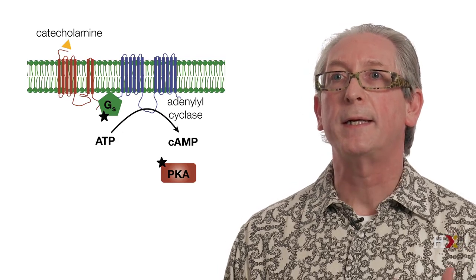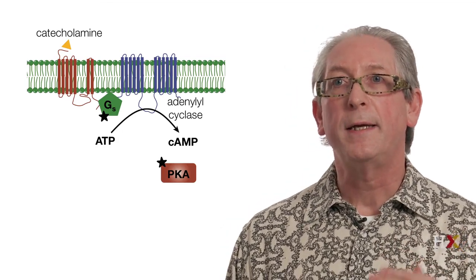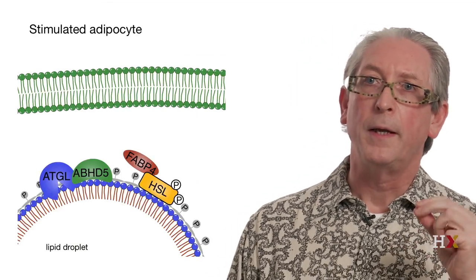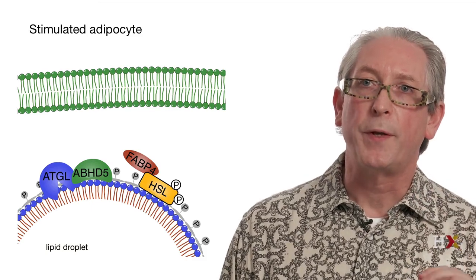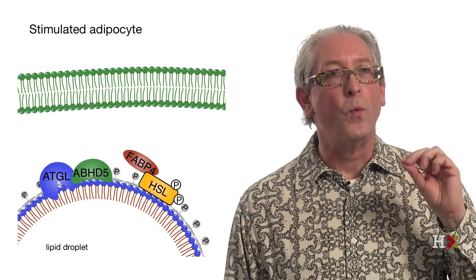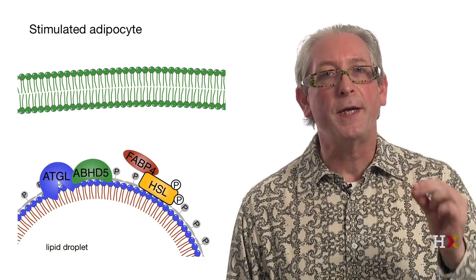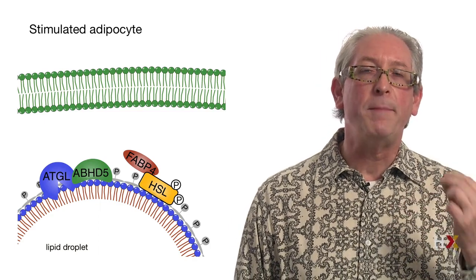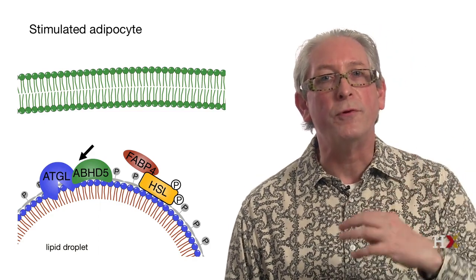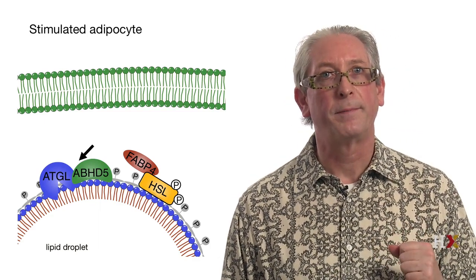So what is the consequence of these phosphorylation events in activated adipocytes? Let's start first with the phosphorylation of perilipin. When perilipin is phosphorylated, it will trigger the dissociation of ABHD5, which is now active and can recruit ATGL at the surface of the lipid droplet.